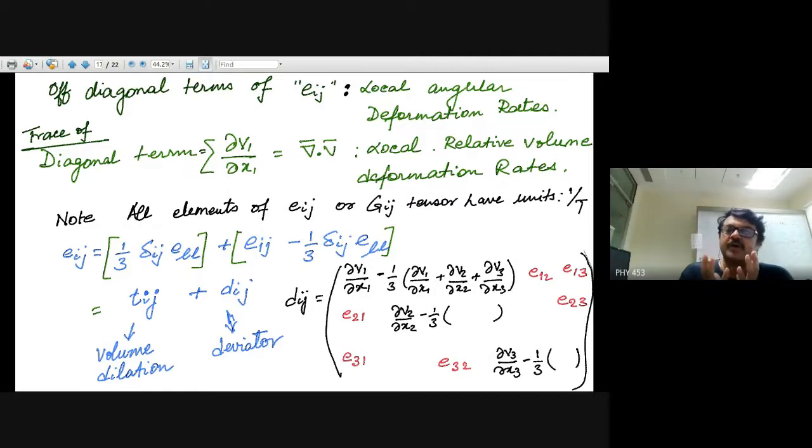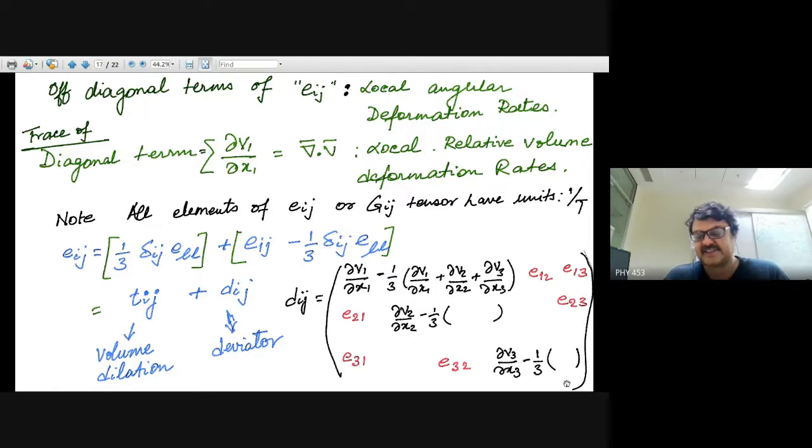So depending upon how your velocity gradient matrix is, you can characterize the different kinds of motion or deformation of the fluid elements. And Dij can of course be written as ∂v1/∂x1, so basically written down all the diagonal terms, right? And writing down the off diagonal terms is of course relatively easy. But what does this mean?